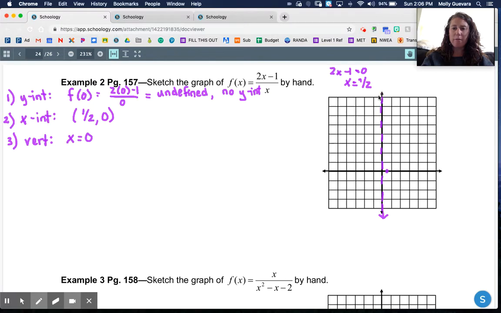If the graph never crosses the y-axis, there's probably an asymptote there. And then for the hole, something that's a 0 of the top but not the bottom, well, the 0 of the top is 1/2, and the 0 of the bottom is 0, so there's no common number on the top and the bottom, so there's no hole.